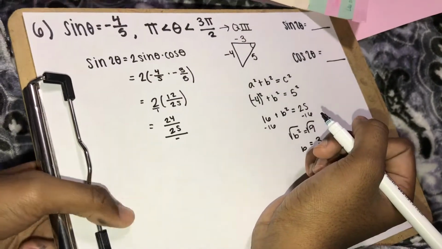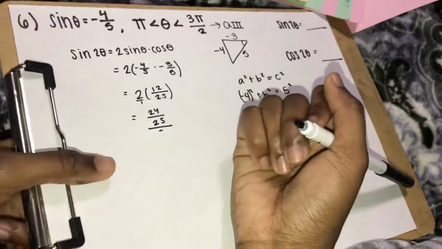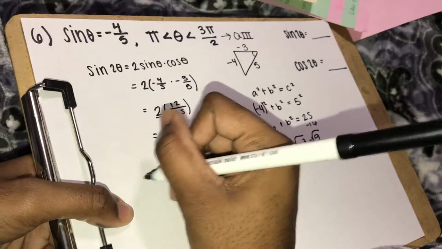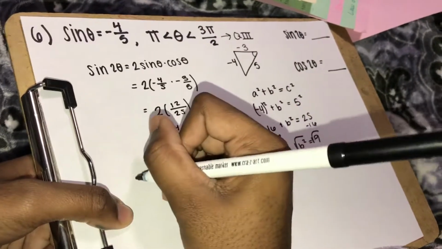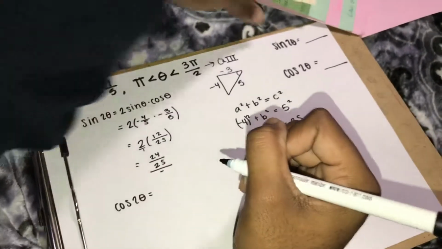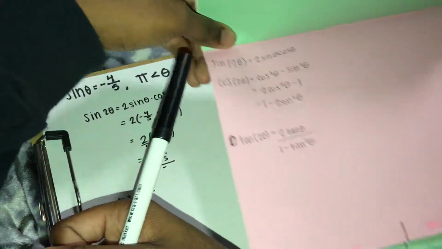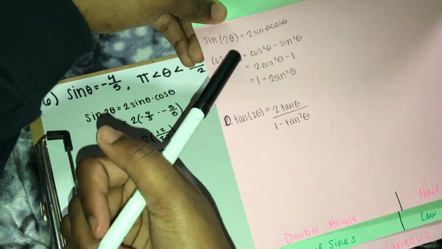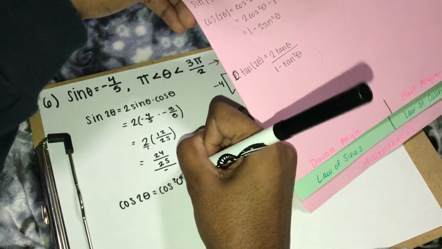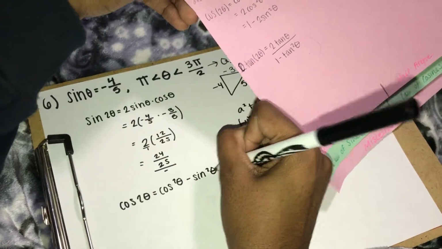And then you are going to do your cosine 2 theta. Using your foldable, you can find the formula for cosine 2 theta, once again going to the double angle flap. The easiest one to use for this problem would be the first formula, and that's cosine squared theta minus sine squared theta.